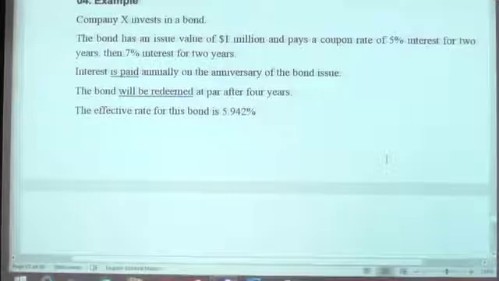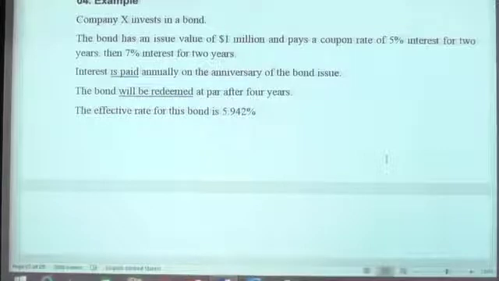Company X invested in a bond. The bond has an issue value of 1 million and pays a coupon rate of 5% interest for 2 years and 7% interest for another 2 years. So you have a varying rate. First 2 years you have 5% on the coupon value of 1 million. Second 2 years you have 7%.